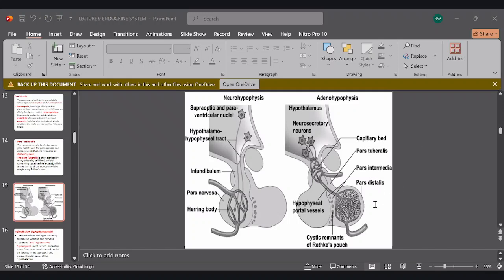We have Duncan Otieno. Kindly unmute yourself. Duncan Otieno, the one who is doing dental, BDS.